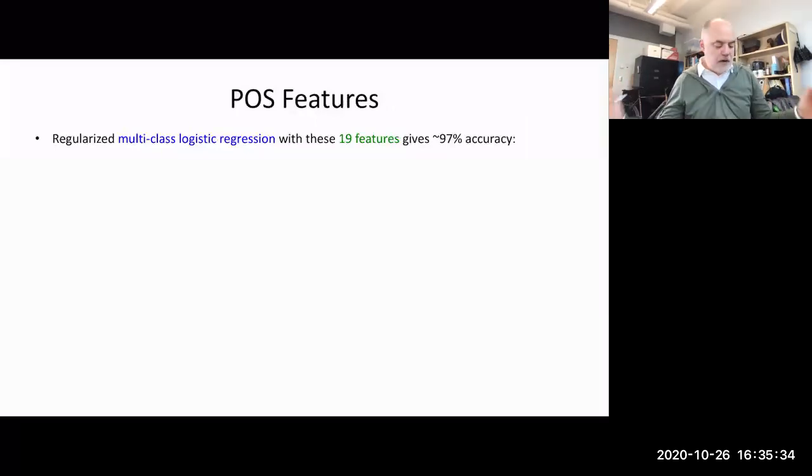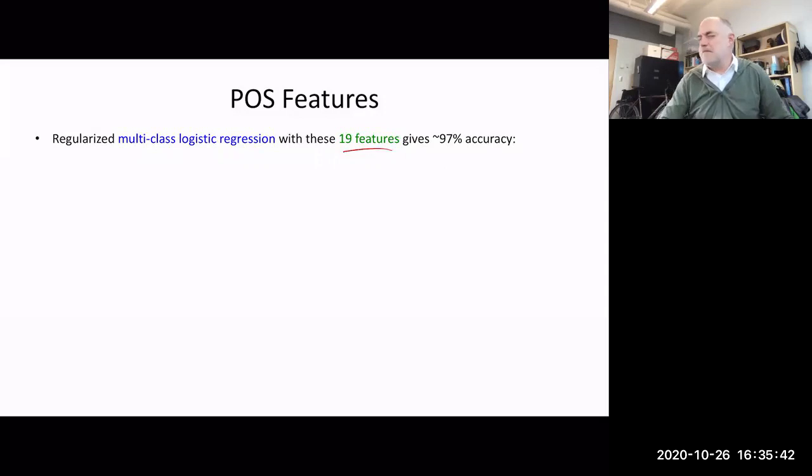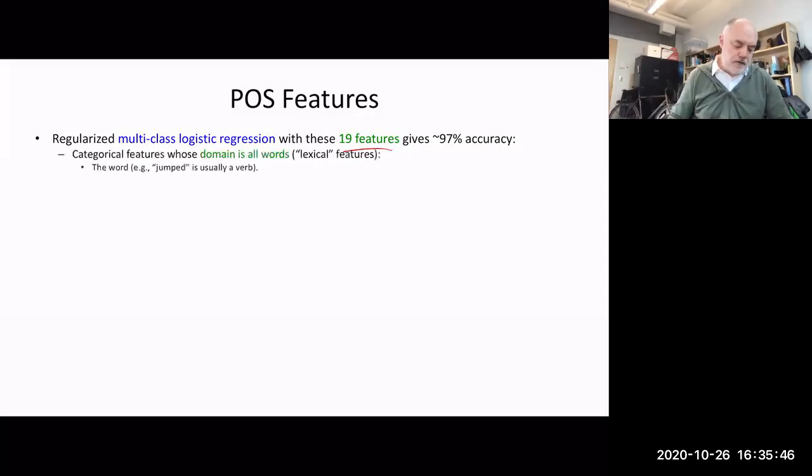So you now know how to do multi-class logistic regression as of today, right? And if you use these 19 features, this is feature engineering that took place over a long time in the field of natural language processing. So categorical features whose domain is all words. These are lexical features. It's basically a bag of words type representation, but really just the word itself is 1, right?